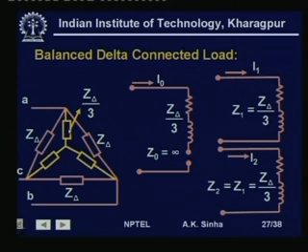So, this will be Z delta by 3, this will be Z delta by 3 and this will be Z delta by 3. This is the equivalent star for this balanced delta network.